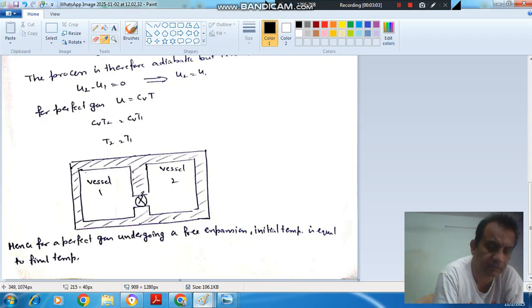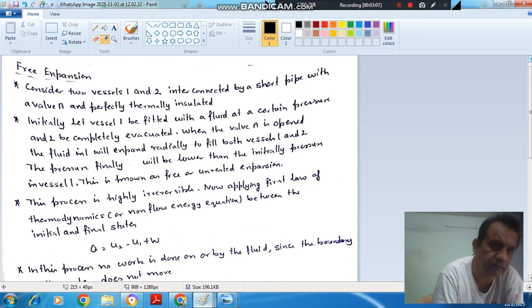Initially, let vessel 1 be filled with a fluid at a certain pressure and vessel 2 be completely evacuated. So this is filled with a gas, and this is empty or completely evacuated.